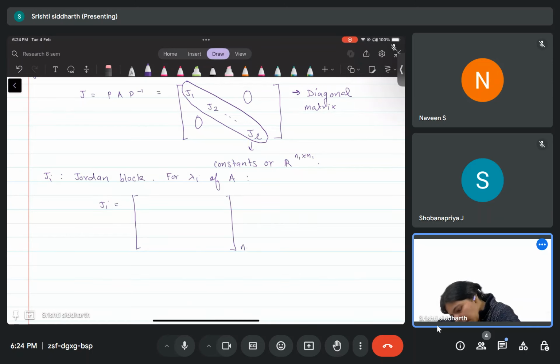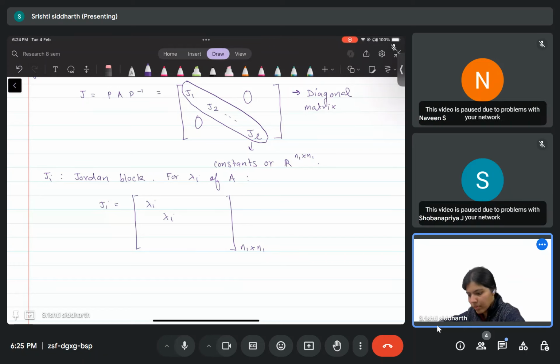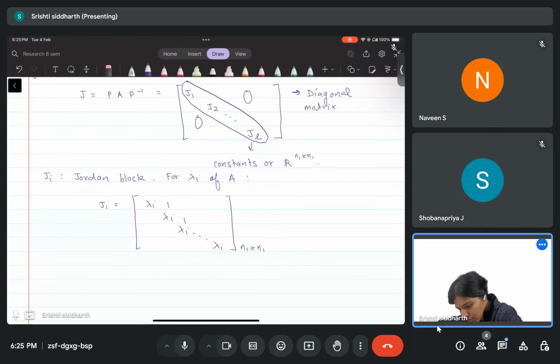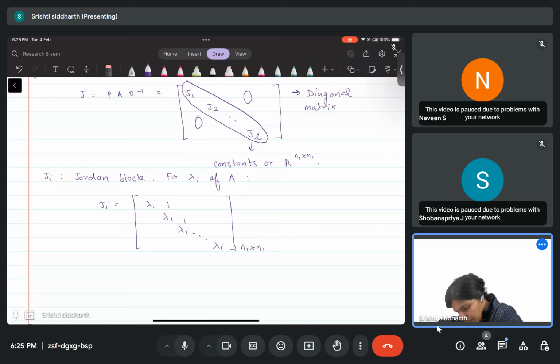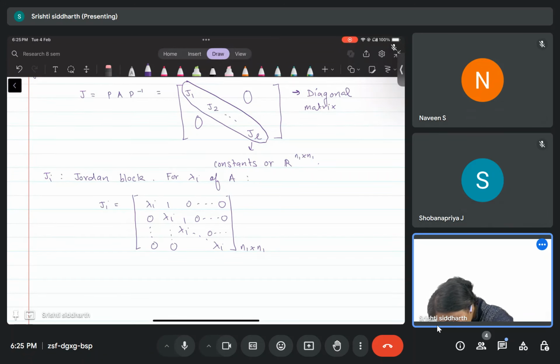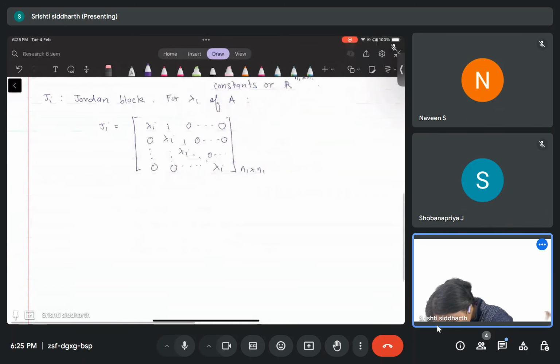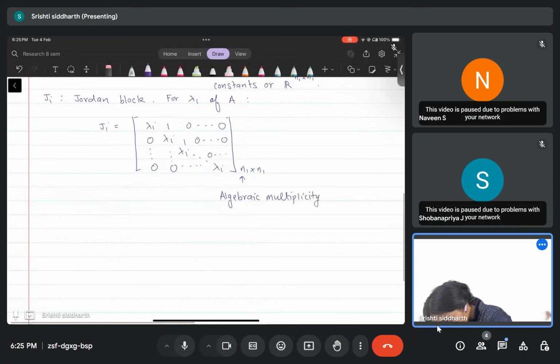And this is lambda i, lambda i, lambda i on the diagonal, and then 1 above the diagonal, 1, 1 and so on, and 0 elsewhere. One of the main points is that the dimension of this matrix, n1, is known as the algebraic multiplicity of lambda i.